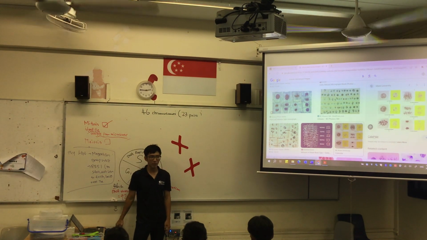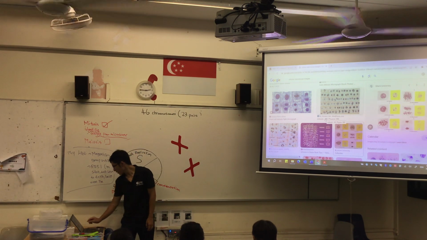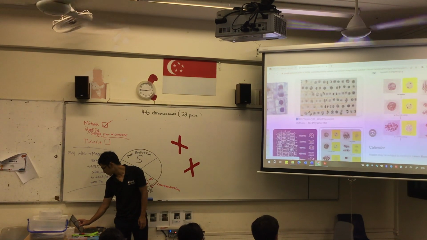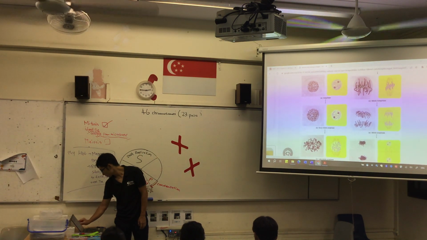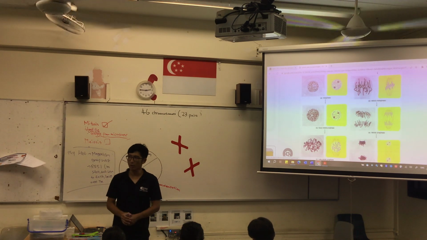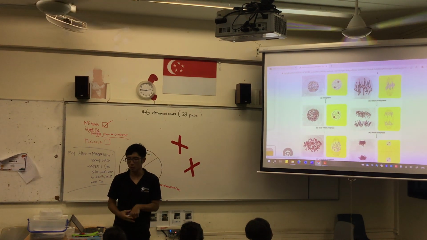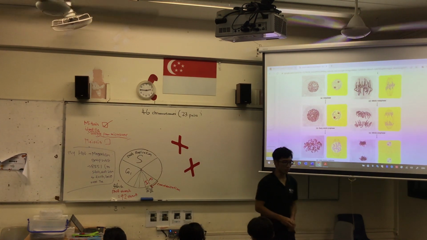Okay, can you try Google that now? Go and Google mitosis microscope images. Find this particular image. I've used this a lot of times as my own reference when I want to identify real life images of mitosis taking place from phase to phase.